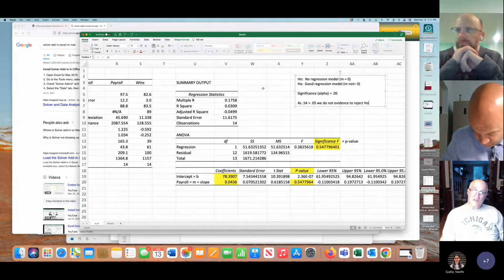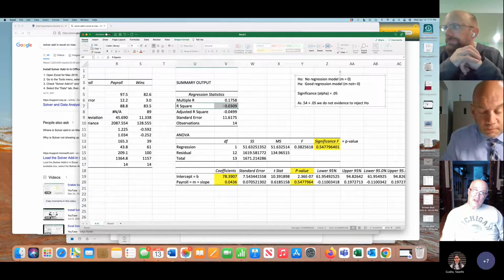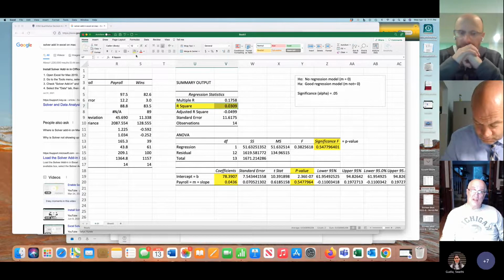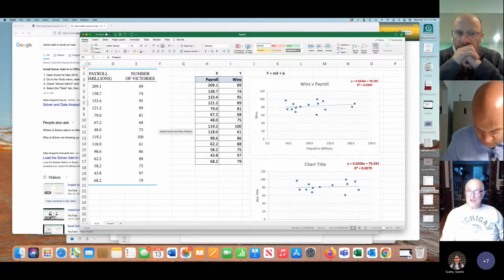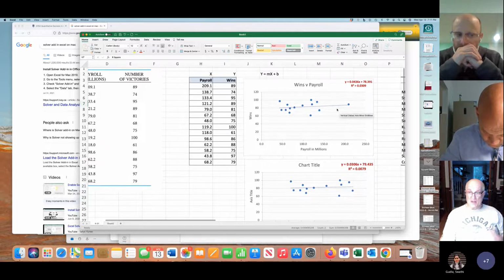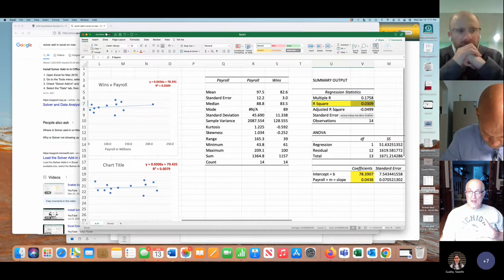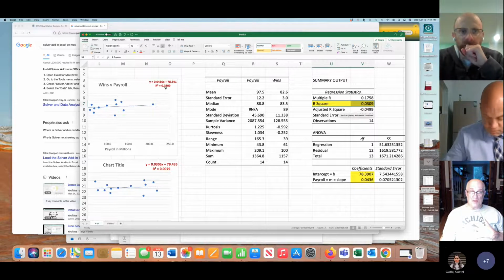So I have this, and I have this, which also says it's bad. And I have 3 confirmations. I can look at this visual data. It's not impressive to me. I have the R squared, which we interpret as saying we're only explaining with this model 3% of the variation in the Y data.